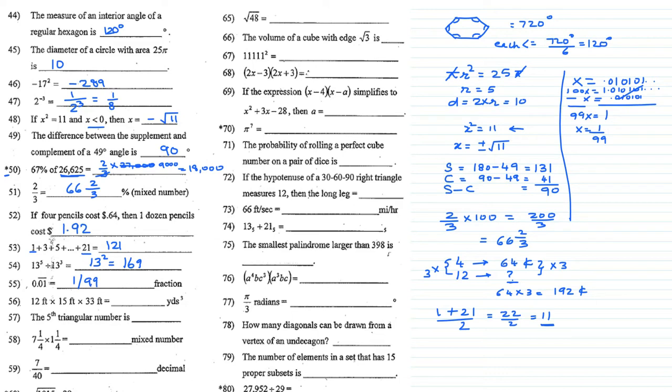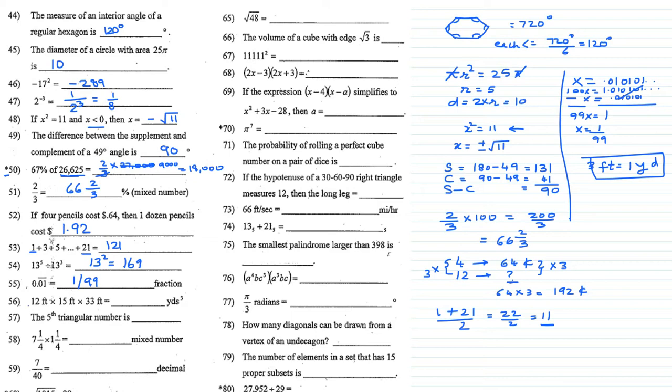Question 56. 12 feet times 15 feet times 33 feet equal to how many yard cube? So we know that 3 feet is equal to 1 yard. So if I convert each one of these numbers into yards, then I will get the answer in yard cube.